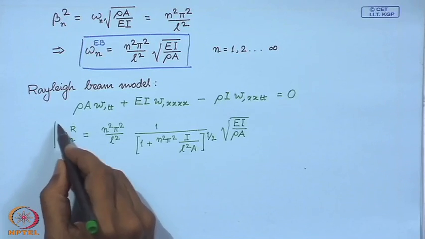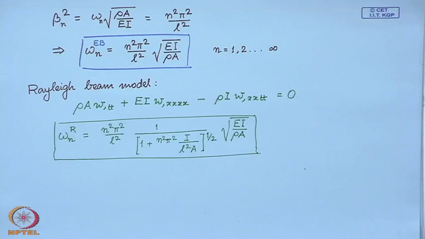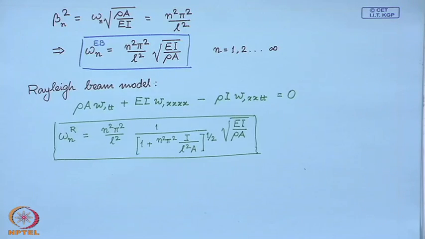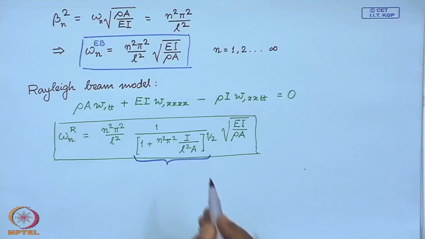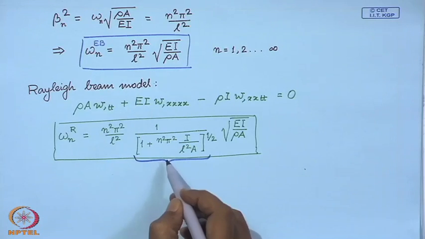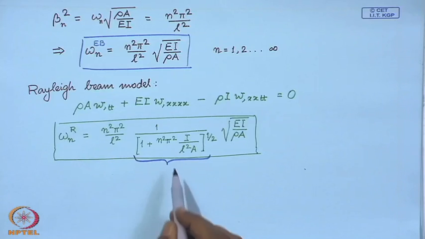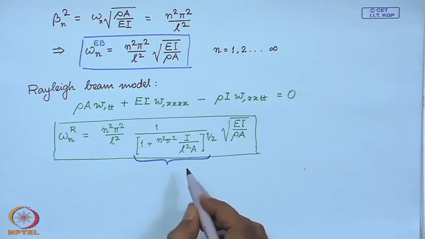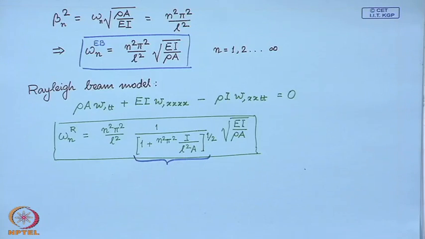So, this is for the Rayleigh beam. So, we have this additional factor in the Rayleigh beam model, in the circular natural frequencies of a Rayleigh beam. So, now let us analyze this.